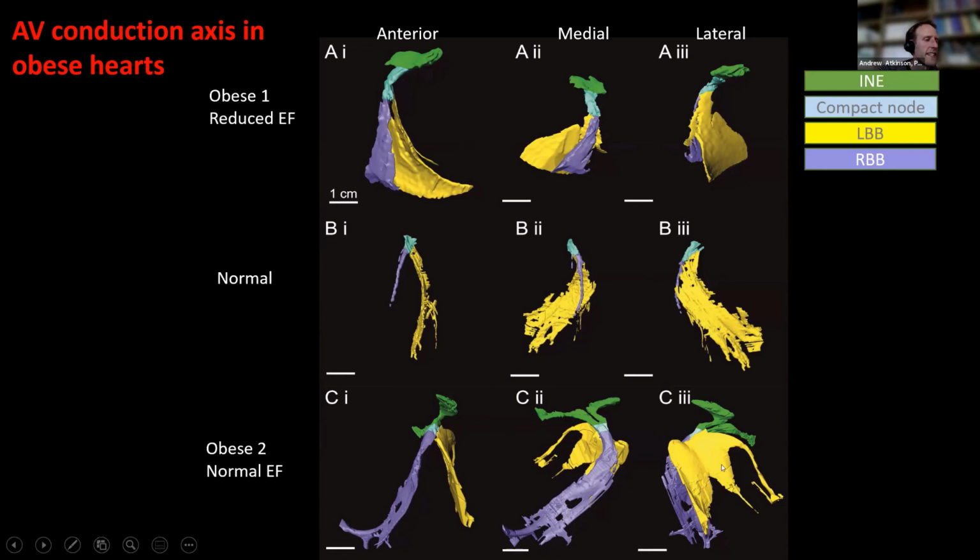In the segmentation, they appear larger, but we're thinking whether this is also down to the area becoming less specific to AV nodal myocytes, and whether we're getting some kind of infiltration of fat or an increase in fibrotic cells. So again, this is something we need to try and confirm.